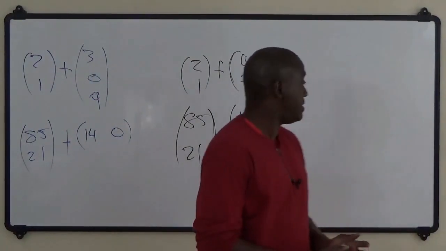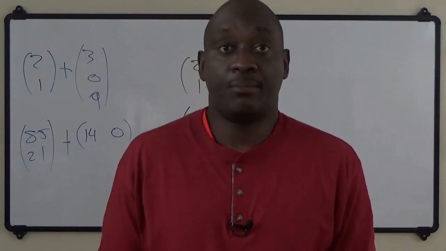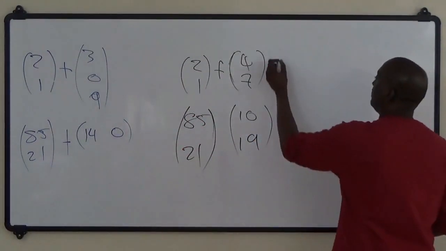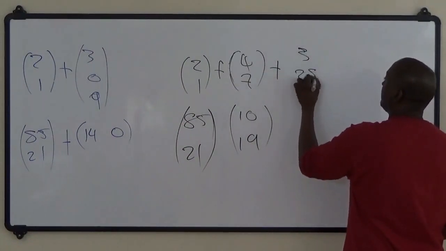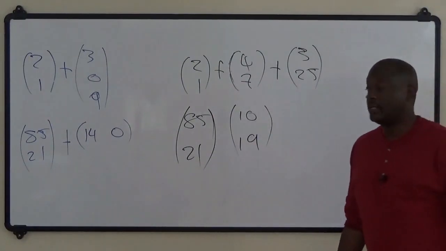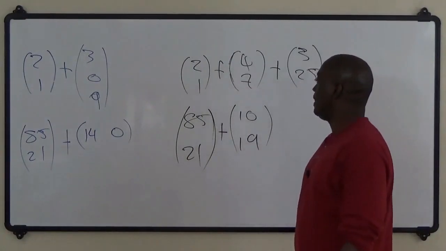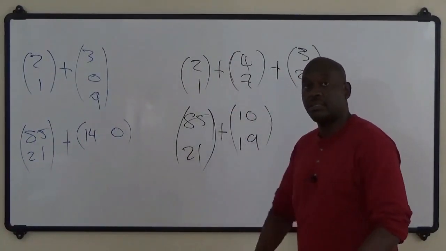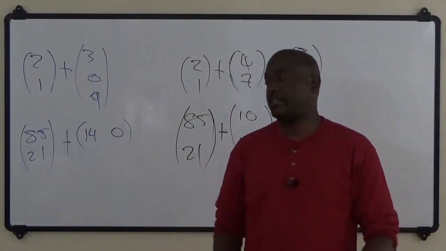And of course, just as is the case with polynomial addition, you could add more than 2 terms. I could have 2, 1 plus 4, 7 plus 3, 25. I could add as long as I want to add. Anything that we do with respect to addition, the concept is the same for subtraction.